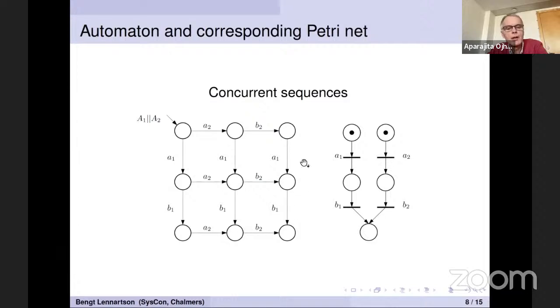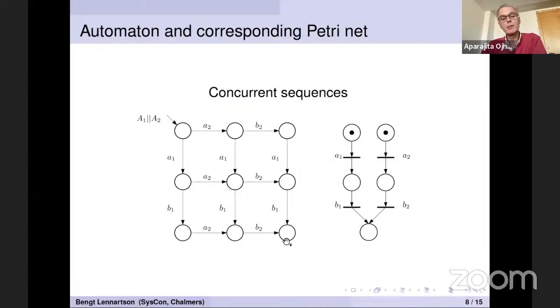You get actually the cross product of the states. Here you have the initial state in both. Here you make the first transition in the first automaton, while the second automaton is still in its initial state. Here you go to the final state in the first automaton via the event B1, and then you move the second automaton to its second and third state. And this is one way to reach the final state.